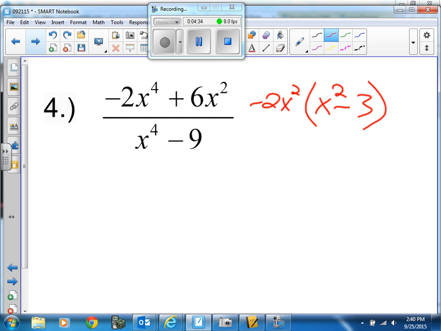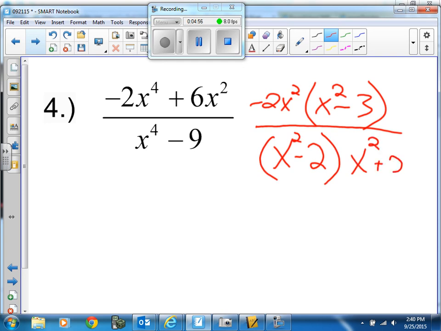And then on the bottom, I'm going to get x minus 2 and x squared minus 2, x squared plus 2, 3. What am I talking about?